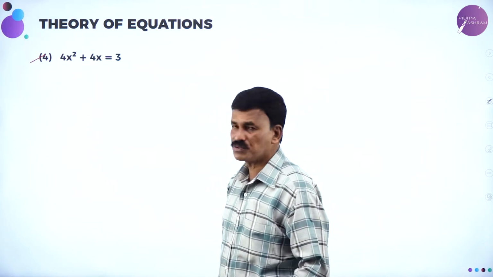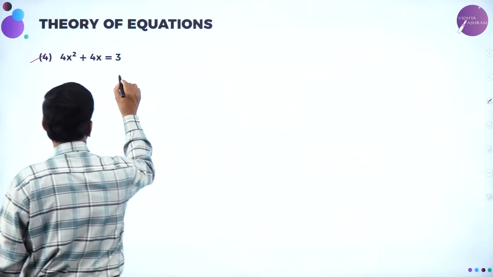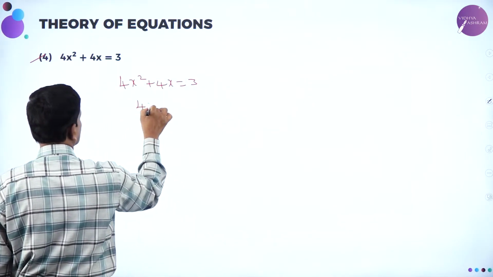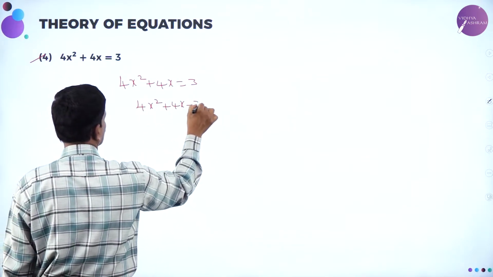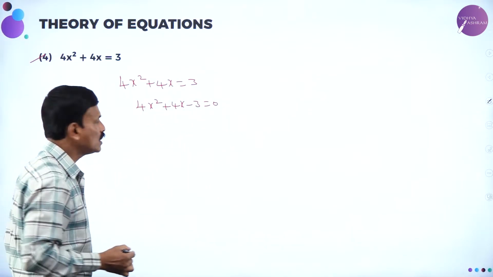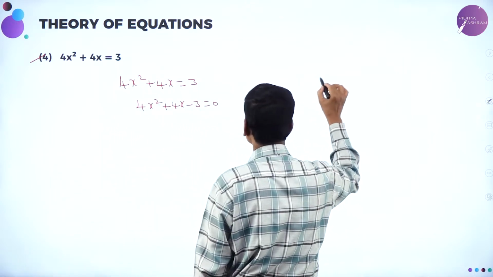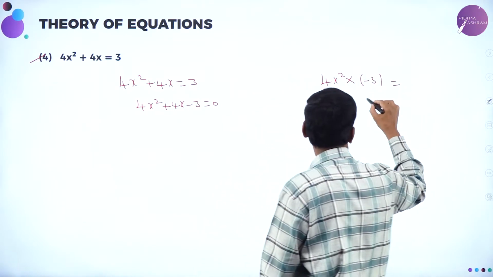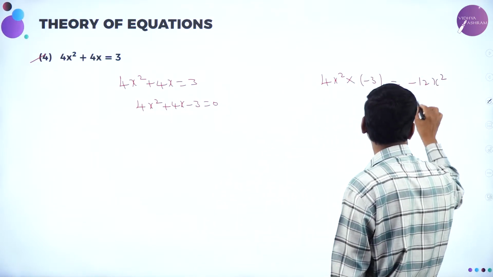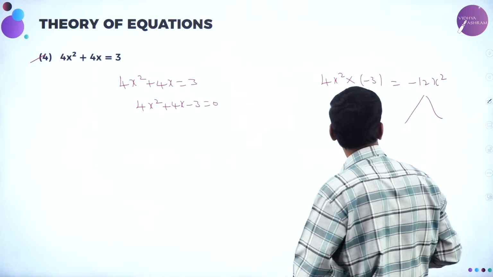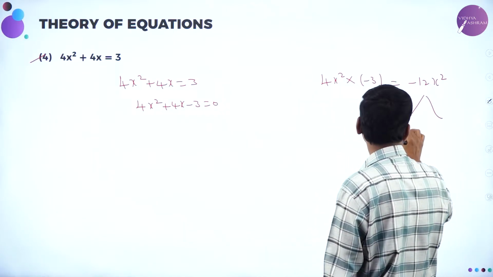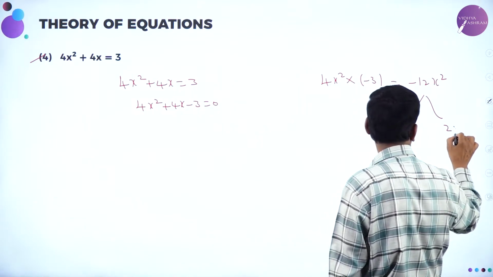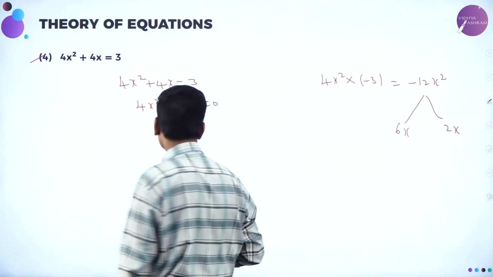4x square plus 4x is equal to 3, can be written as 4x square plus 4x minus 3 is equal to 0. Here, 4x square into minus 3 can be written as 4 3s are 12, minus 12x square. 12 can be written as 6 2s are 12. x into x is x square, 6x into 2x is 12x square.